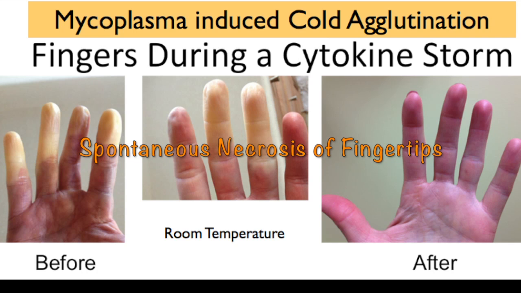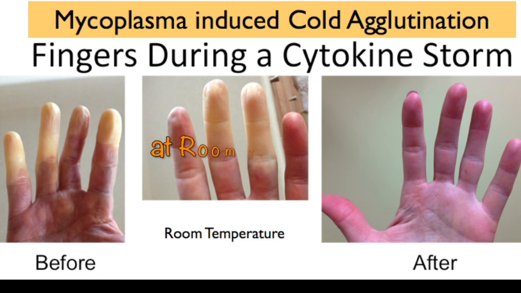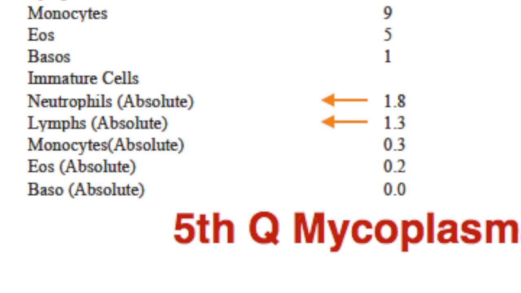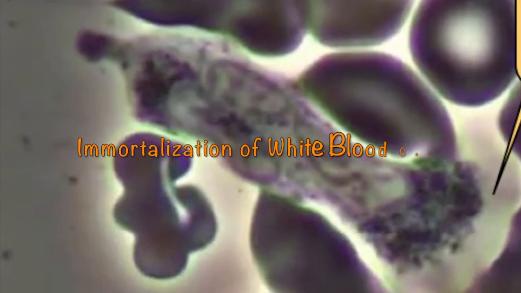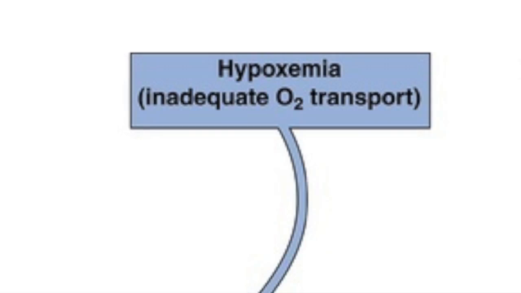This will be seen frequently in patients with Raynaud's symptoms, where even room temperatures can induce symptoms. Absolute neutrophils below 1800 and absolute neutrophils below 1500 is indicative of mycoplasma. This is especially important to identify mycoplasma infections since they can immortalize white blood cells.